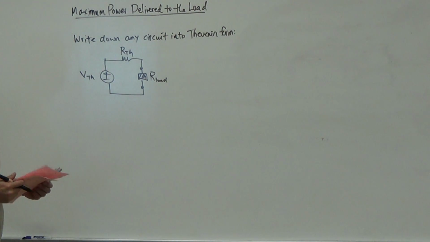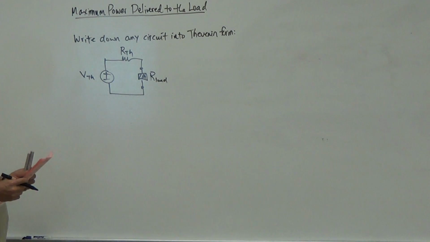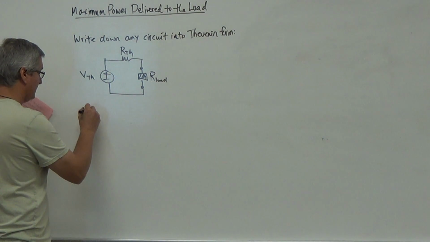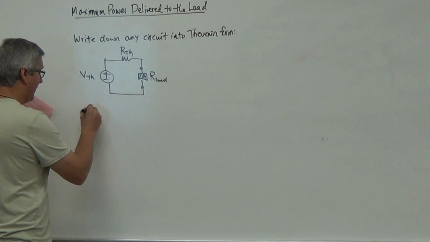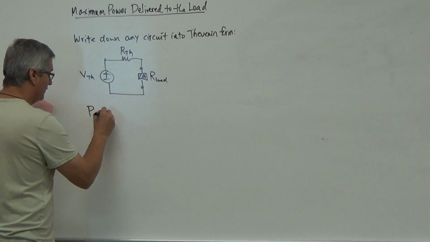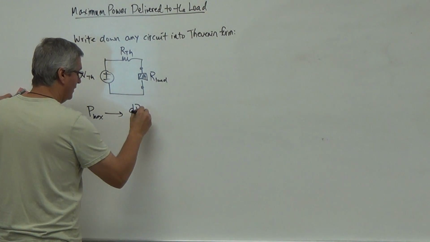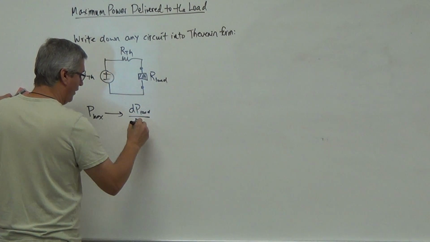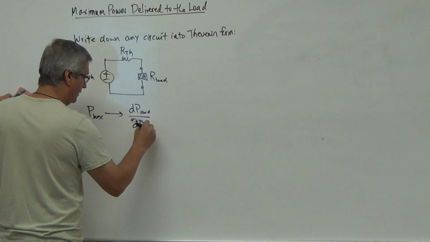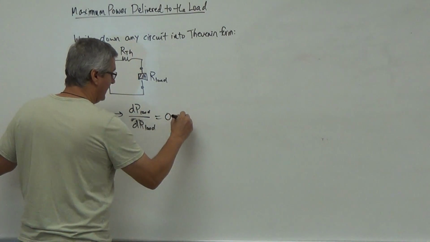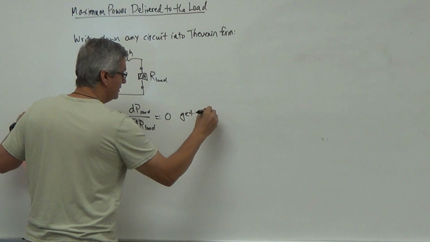Kind of worried about time a little bit. I want to make sure that I finish the circuit here. But what you would see here is that if I want maximum power, then you would have to take the derivative of the power with respect to the load, and then set that equal to 0, and then we've got to get the critical points.